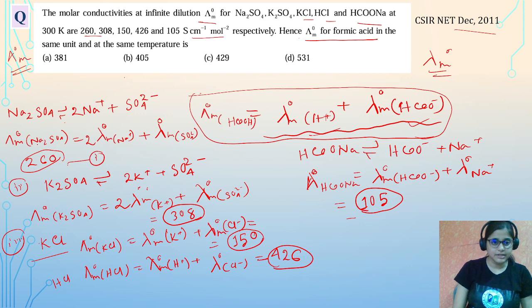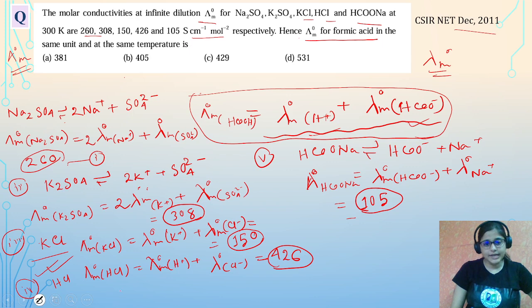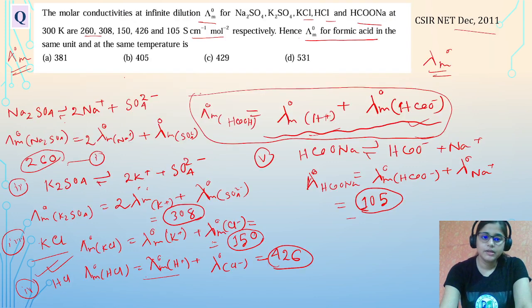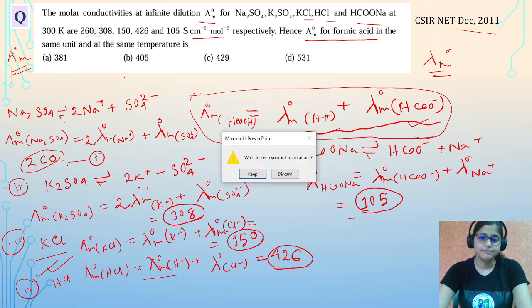HCl has H plus. Na2SO4 and K2SO4 do not. So the fourth one has H plus. Let's take another slide.